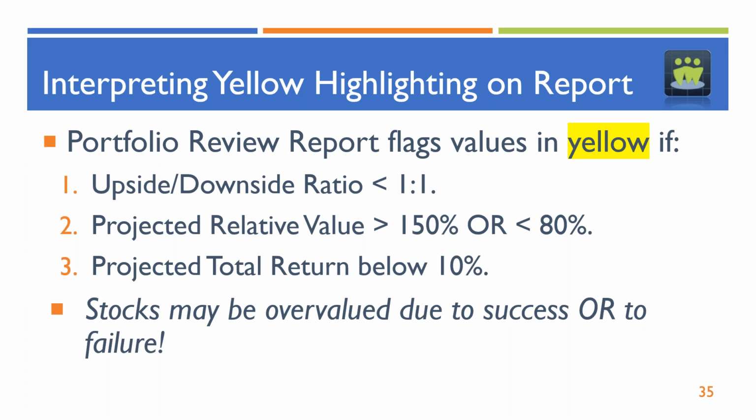Now, below 80% projected relative value becomes less of an indicator, loses value, because a good business never sells for much more than 20 or 25% off its regular average, quote unquote, selling price, or the average PE.